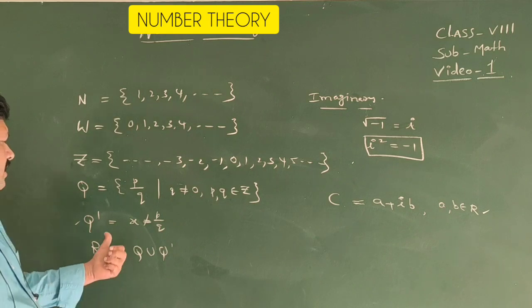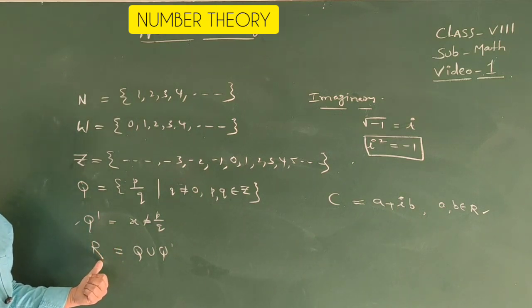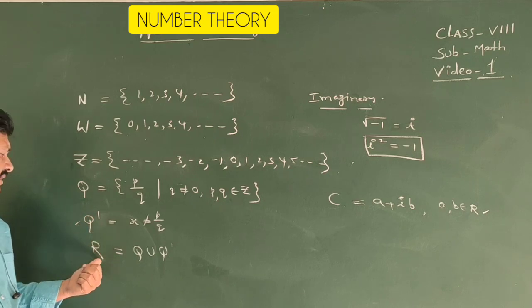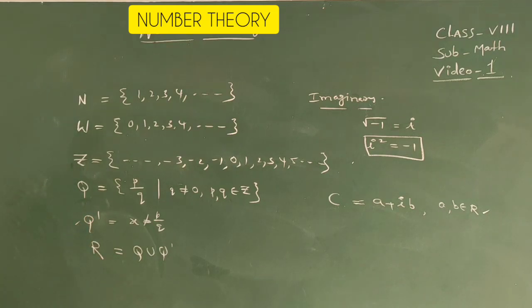Real numbers: rational and irrational together. Imaginary: numbers in the form of root over minus 1. Complex: numbers in a plus ib form, where a and b are real.